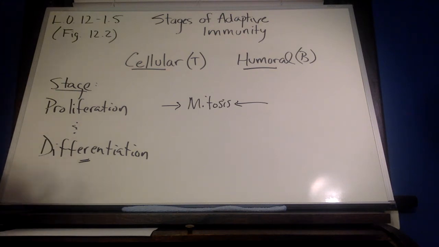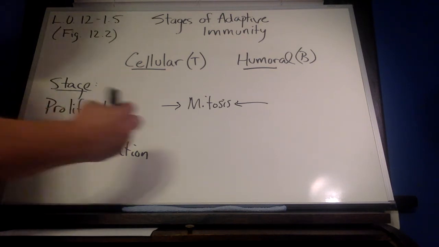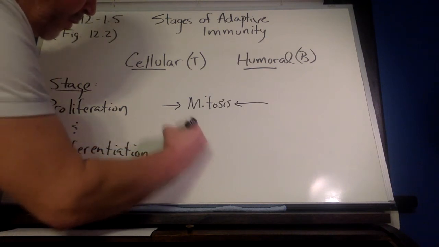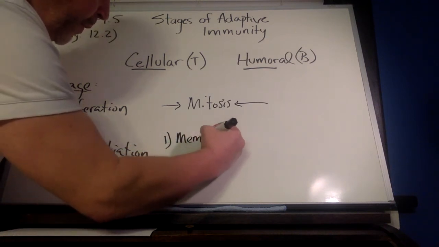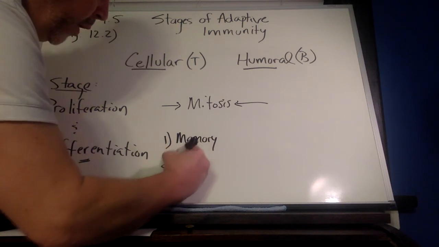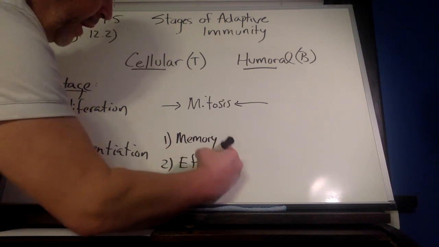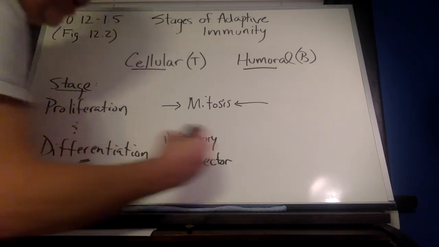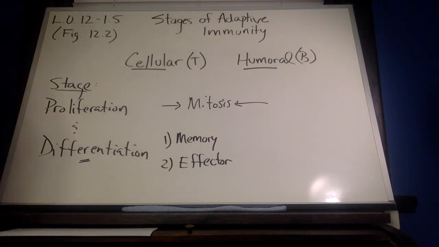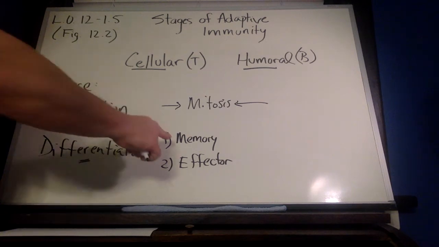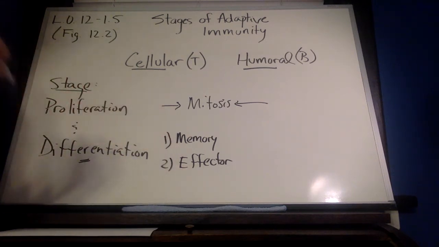T cells will take 2 main pathways. T cells can develop into memory cells, or they can become effector cells. We'll talk a little bit more. Effector cells, we'll talk about a lot of different types of effector cells. Memory cells, once they differentiate, they're going to go into the lymph system so that they can be that memory.